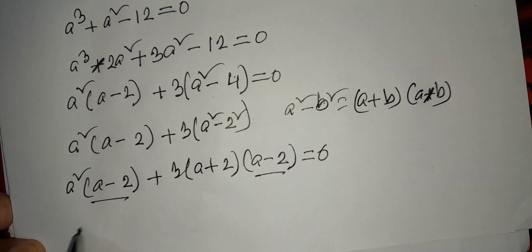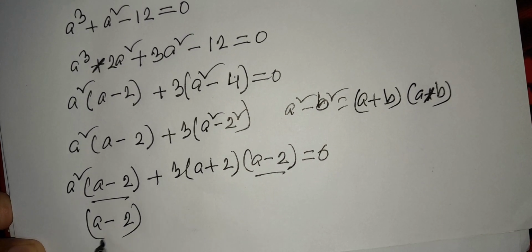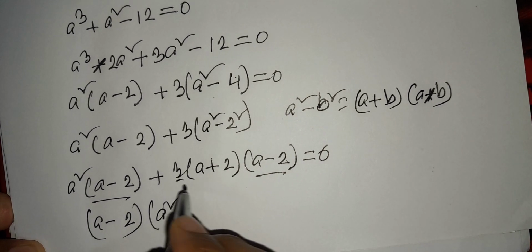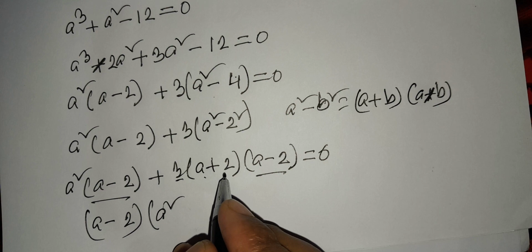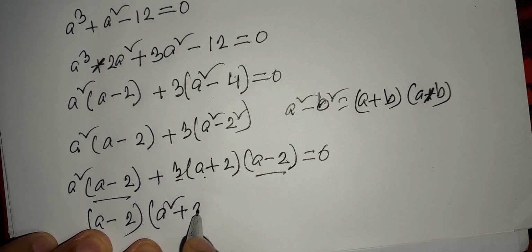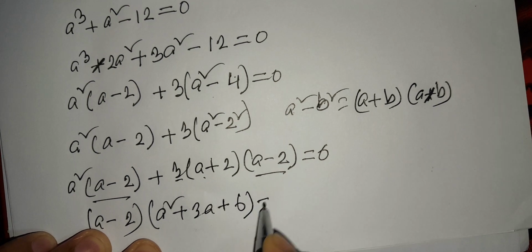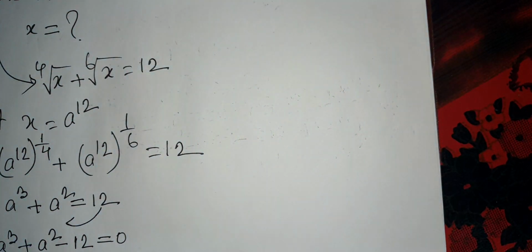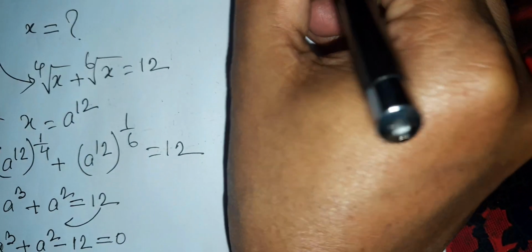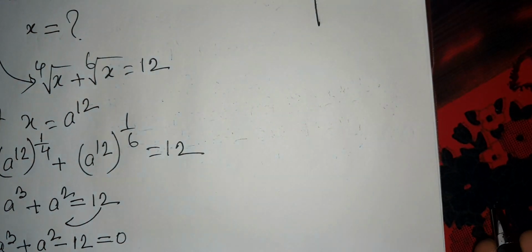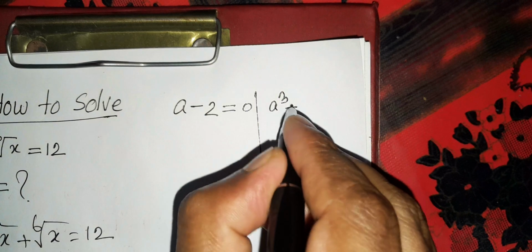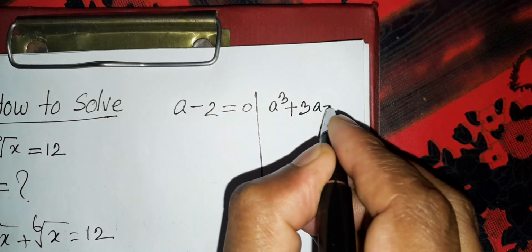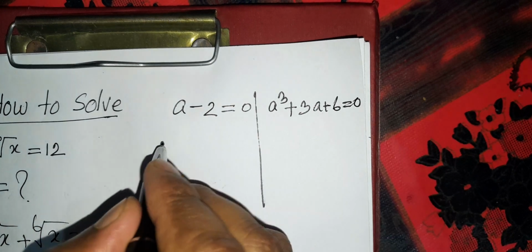Then we take common a minus 2, and we get a square plus 3a plus 6 is equal to 0. Then we can write a minus 2 is equal to 0 and a square plus 3a plus 6 is equal to 0.